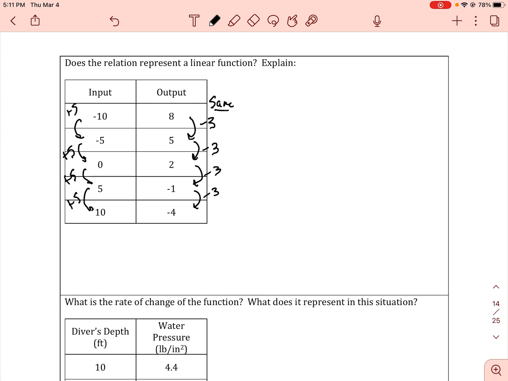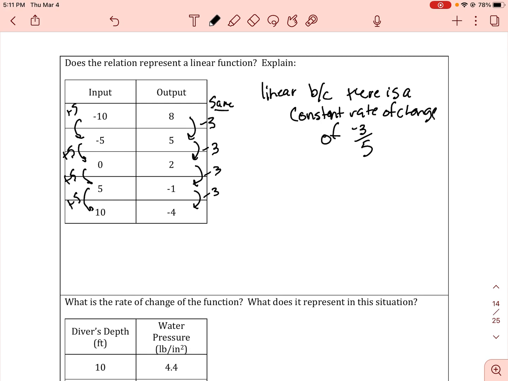So this is linear because there is a constant rate of change of -3/5. So it is decreasing at a constant rate of -3/5.